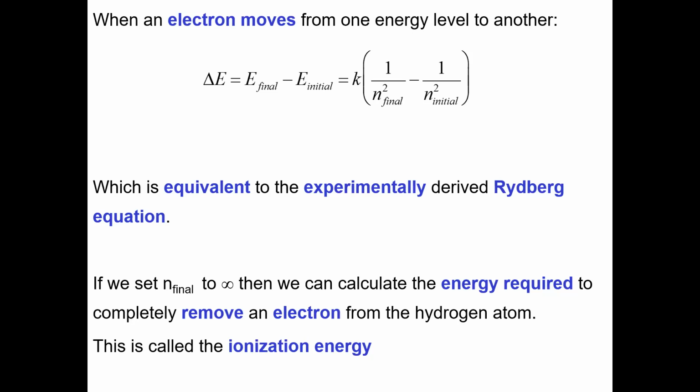The change in energy of our atom, in particular of our electron contained within our atom, is going to be equal to the final energy of the electron minus its initial energy. And that's simply going to be equal to our constant K multiplied by 1 on n squared of the final state minus 1 on n squared of the initial state.